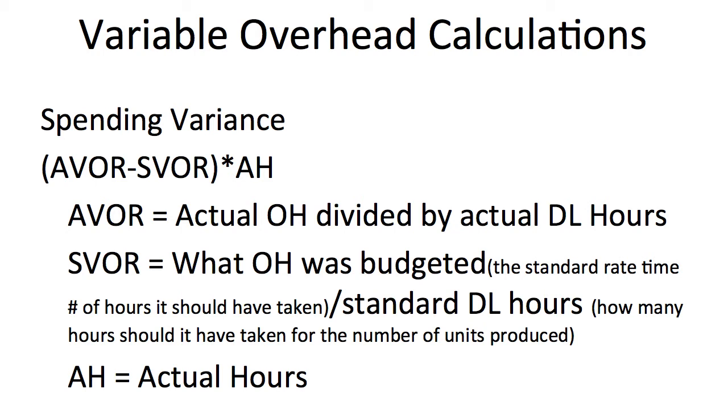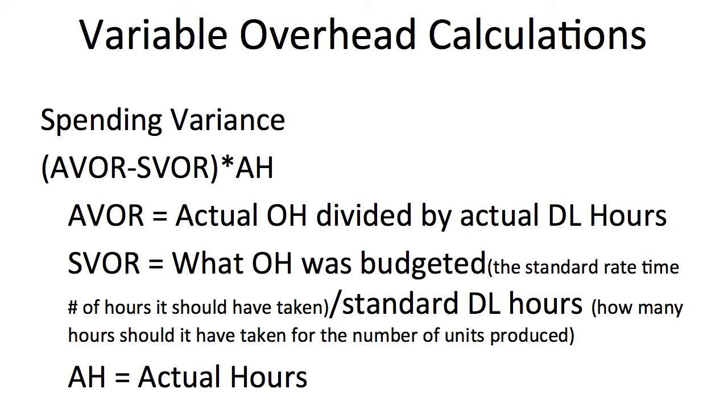So if you divide the total variable overhead budgeted by the standard direct labor hours of 2,500, you'll get your standard variable overhead rate. Now what we're trying to understand is, what is the difference between the actual variable overhead rate and the standard variable overhead rate?